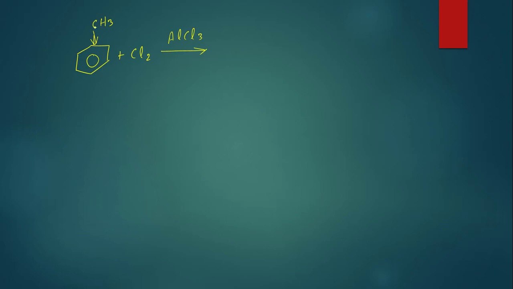This is the hyperconjugation phenomenon, and I will, inshallah, discuss in another video in detail what hyperconjugation is. So when any group donates its electrons to this ring, it activates the ring, and when the ring is activated, we get our product. This is our CH3.